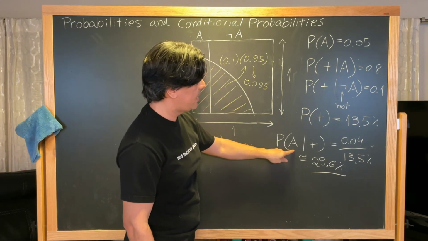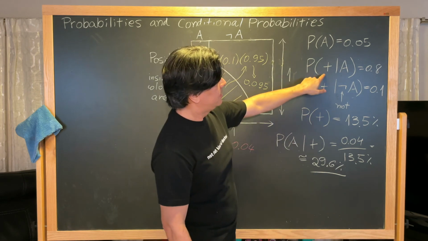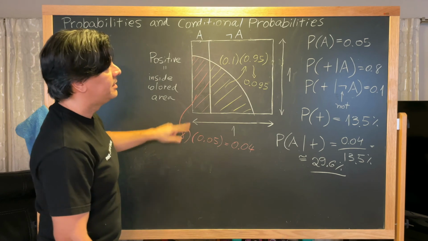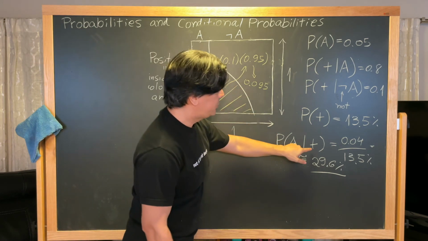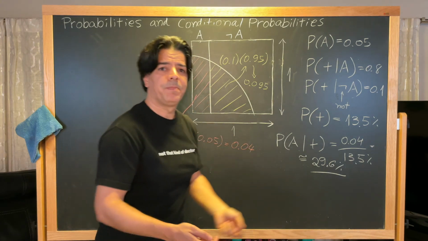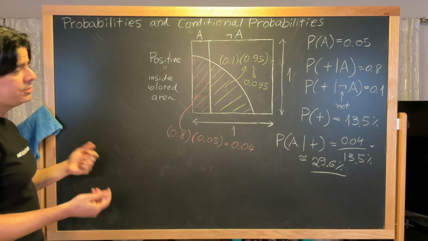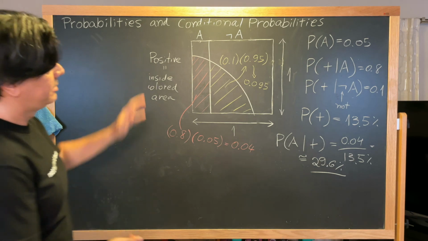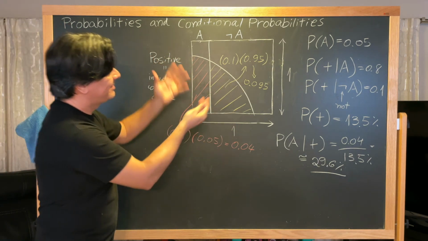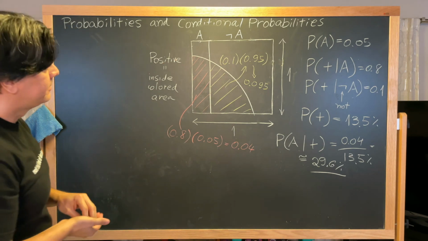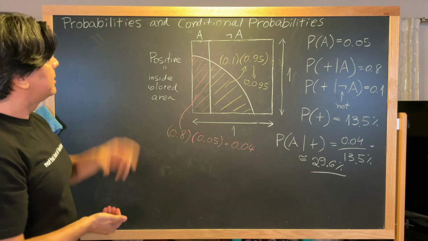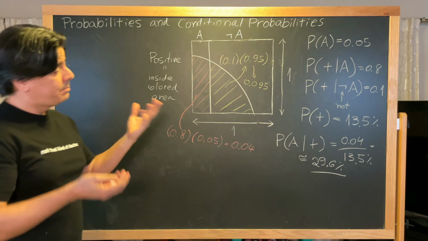To get this, you take that one times the chance of A, which is what we did here, divided by the chance of positive, which is the size of these two areas. But again, I feel like this is a little easier to understand or visualize because we're thinking of these concrete spaces and darts being shot. All right? Great.